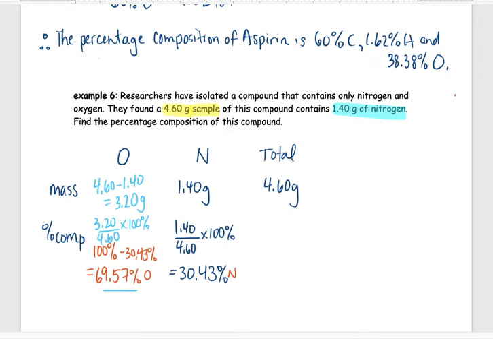So we don't know what the ratio of nitrogen to oxygen is in this compound, but we do know that 1.40 is nitrogen, and so of a total of 4.6, the rest of it has to be oxygen. And so we can see here that 70%-ish is oxygen, and the rest, 30%-ish, is the nitrogen. Okay, so we can come up with a percent composition here.